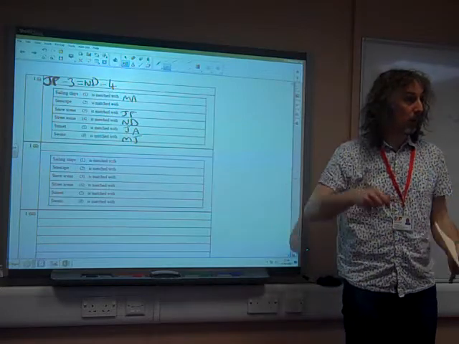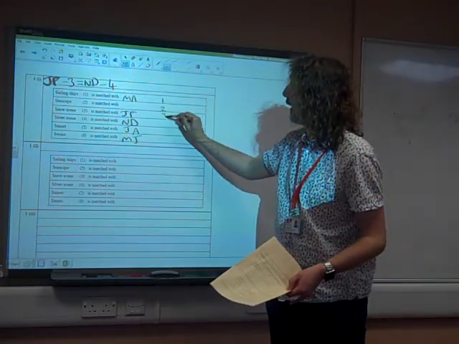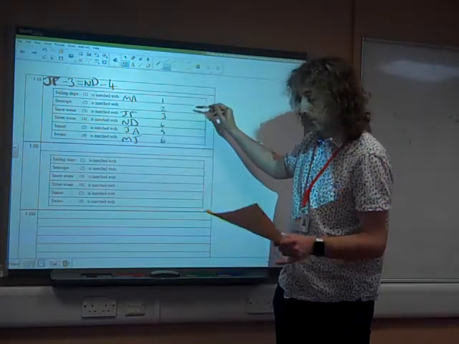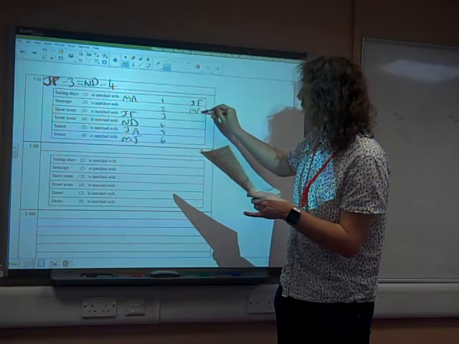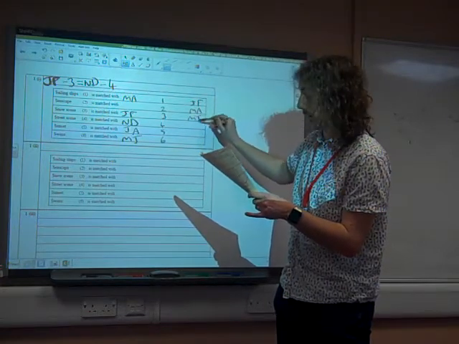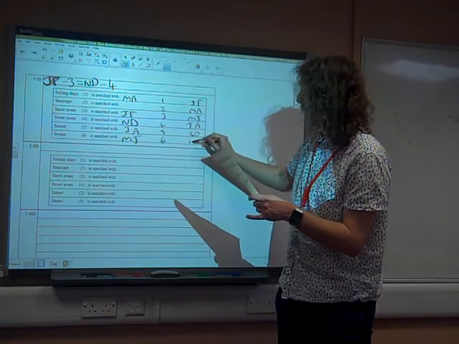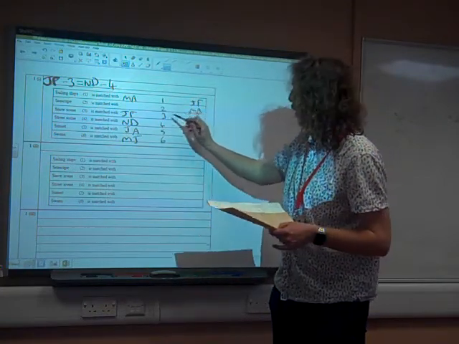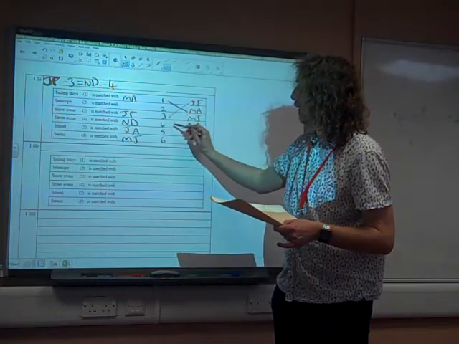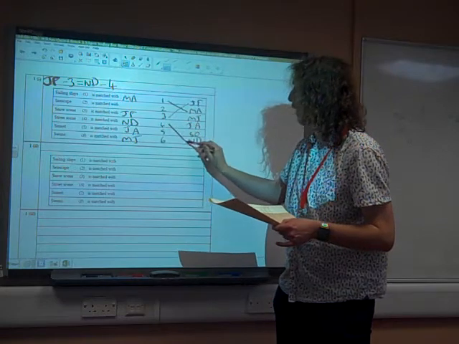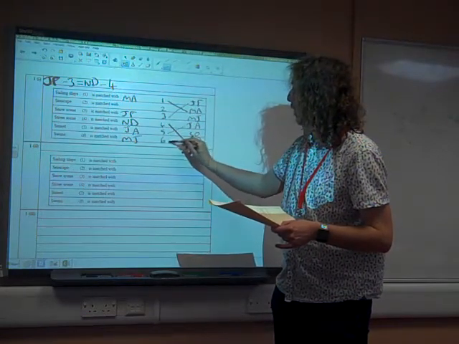So in my answer booklet, I did a quick diagram in which I put all of those things in the same order that they originally were. So this was 1 with MA, 3 with JF, 4 with ND, 5 with JA, and 6 with MJ.